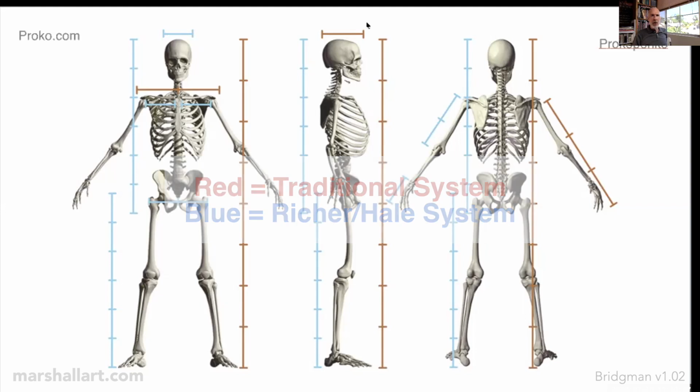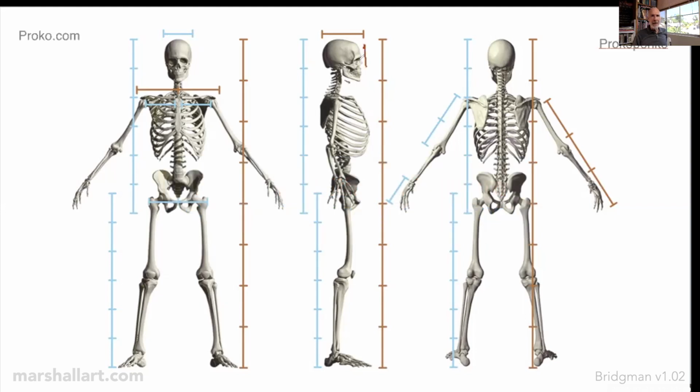You do not use the head length. Why? Look at my head. It's a pretty long head. Soon as I go like that, it's going to change. You can't see it in all positions. However, the head width is a ball. And watch this.